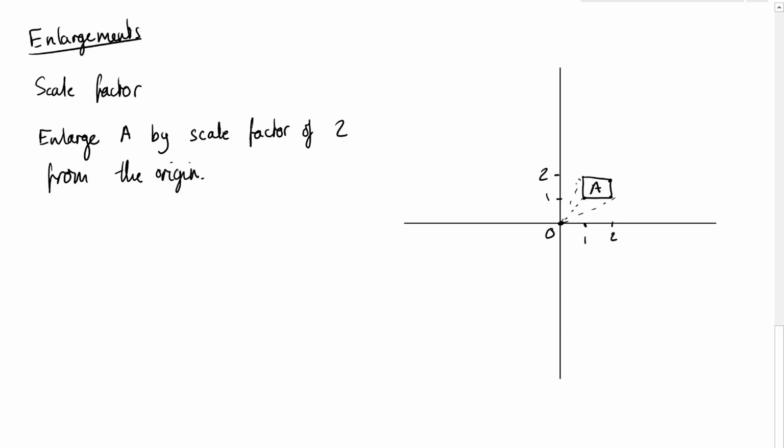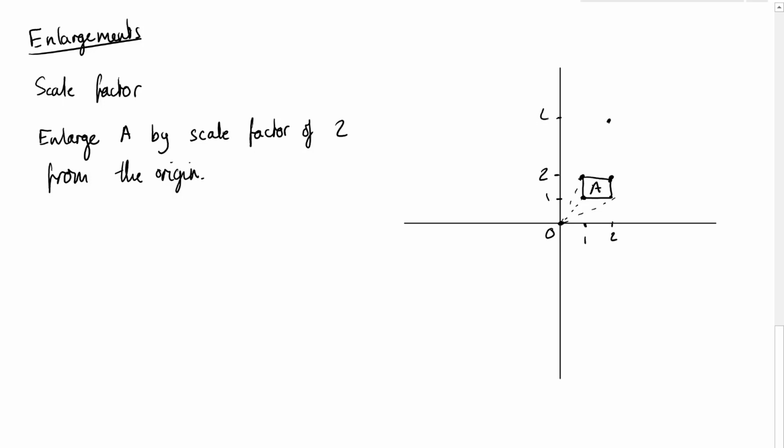Okay, so you can either do these directly, or you can say that if it's 1 across and 1 up, it's now going to become 2 across and 2 up. So this point here is actually going to be the lowest point when we have shape B. Now if we're going 1 across and 2 up to get to this point, then we need to go 2 across and 4 up.